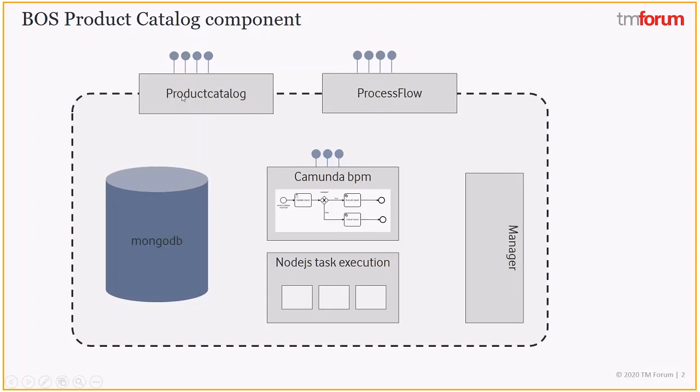Inside it, we have a number of microservices. We have a MongoDB microservice, a Commander BPM engine, a number of task execution microservices, which execute some of the process tasks within Commander. We have a manager microservice, and we have two microservices exposing the facilities of this product catalog through Open APIs.